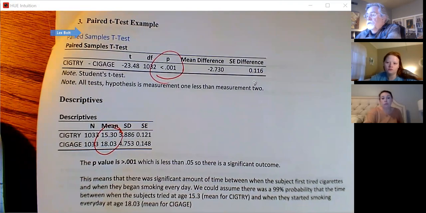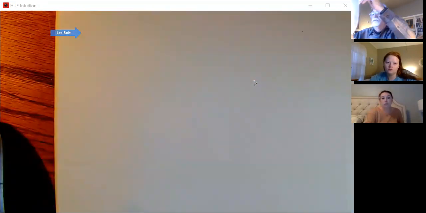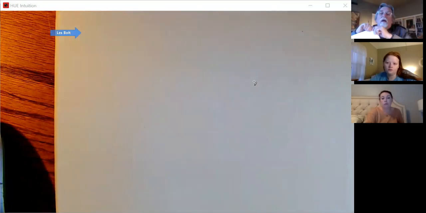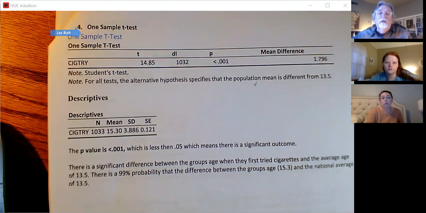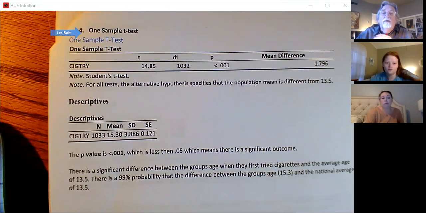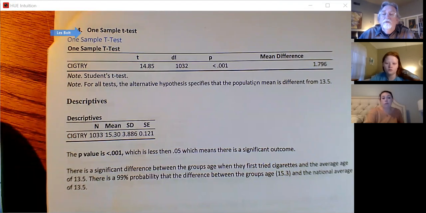The 4th item was comparing what age people tried smoking in this group. Is it different from a national sample or a national average of 13 and a half?